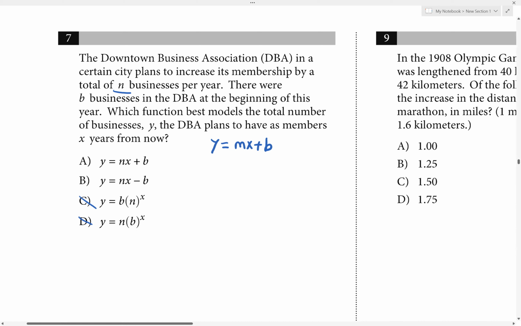Well, we know we're increasing by N businesses per year, so that's the rate of change. In the linear model, the rate of change is going to be our slope. And then the B value is going to be the y-intercept. In the linear model, that's always the number that we begin with, the initial amount.